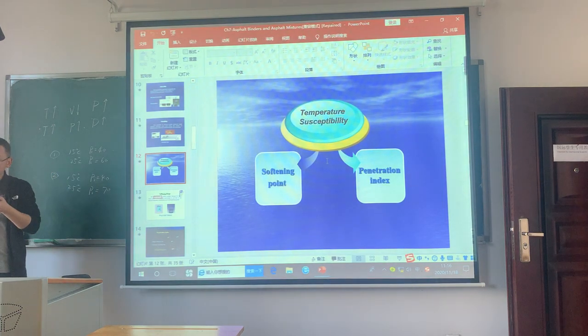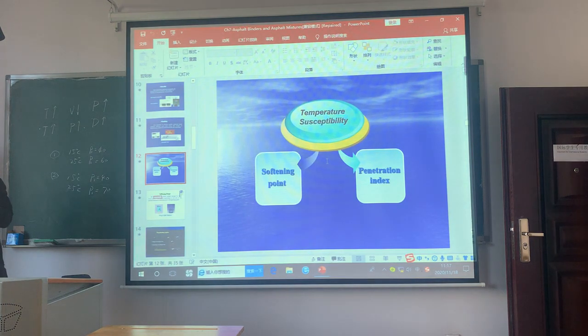It means when we increase 1 centigrade, the change is big. But a big temperature susceptibility always means bad. Always means bad. Okay?